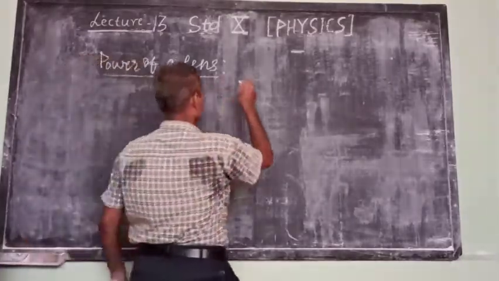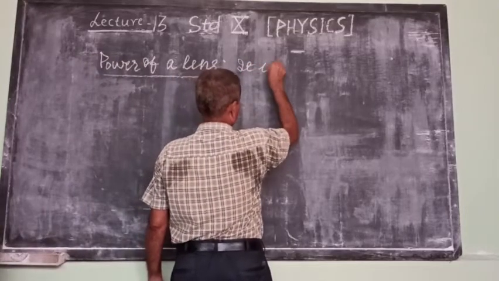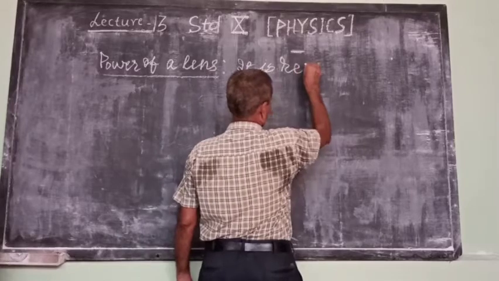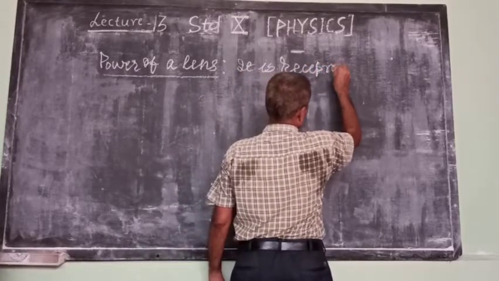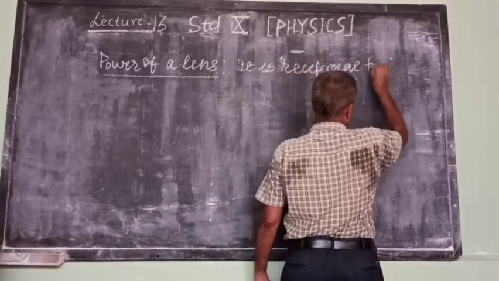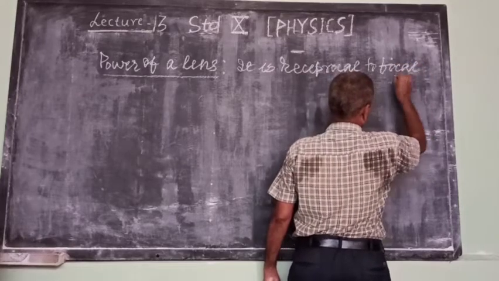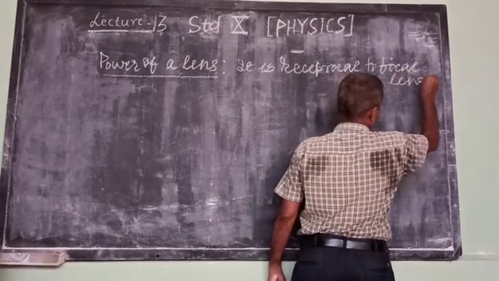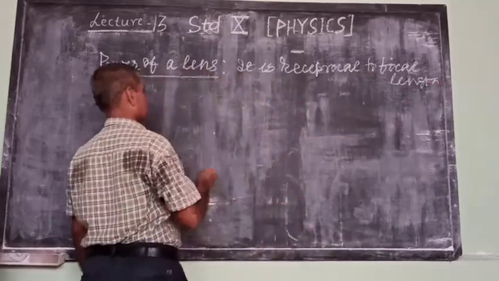We can write it is reciprocal to focal length. Power of the lens is reciprocal to its focal length.